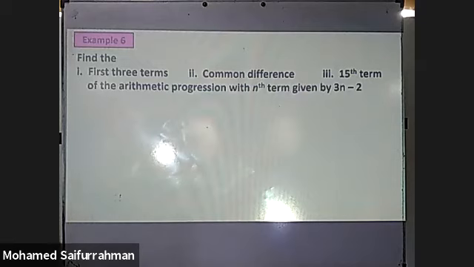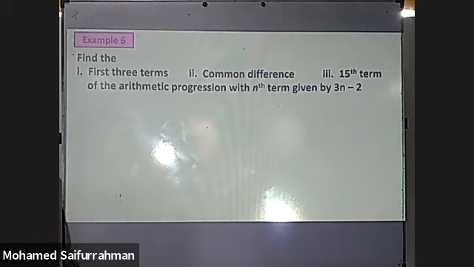Find the first three terms, common difference, and 15th term of the arithmetic progression with nth term given by 3n minus 2.